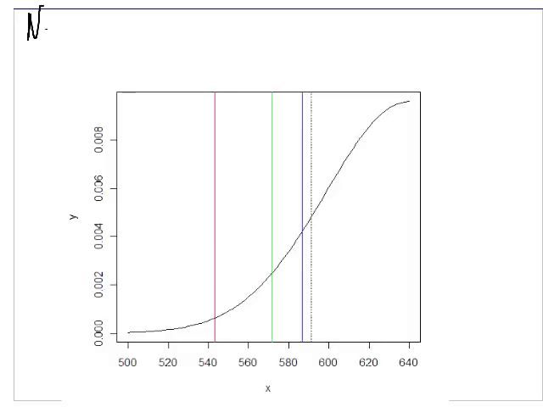Notice this is not standardized. How do I know that? Well, the mean is not 0. In this graph, I only printed out part of the bell-shaped curve, and I'll discuss that a little bit when we get to the plotting.